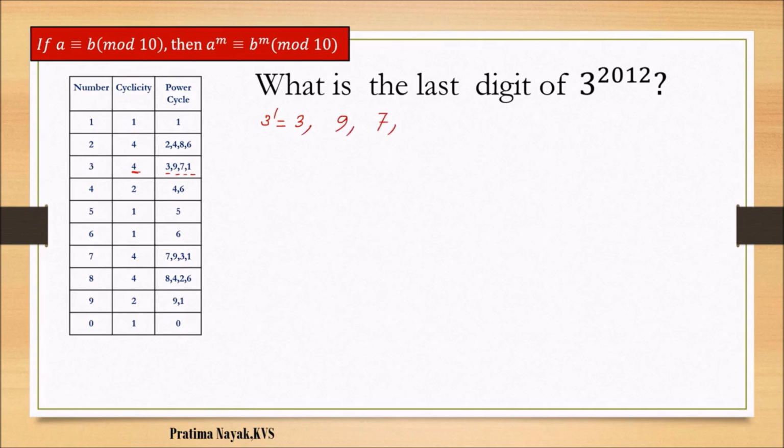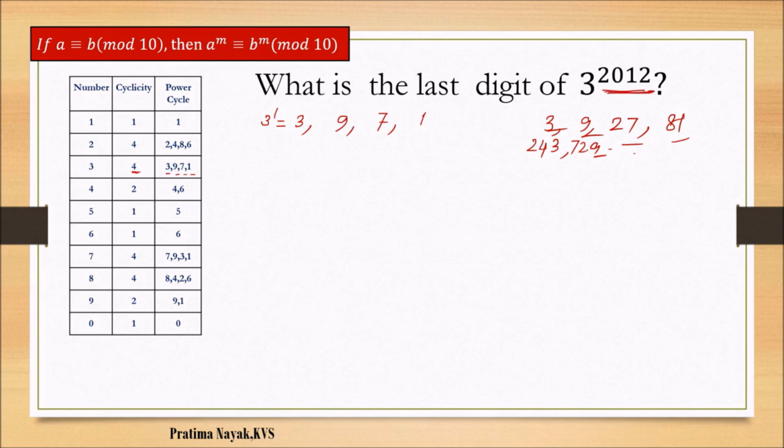Then 3 raised to the 4 is 81, ends in 1. Again 3 to the 5 is 243. So it goes on, repeating 3, 9, 7, 1. So we'll see how many cycles of 4 it is completing.